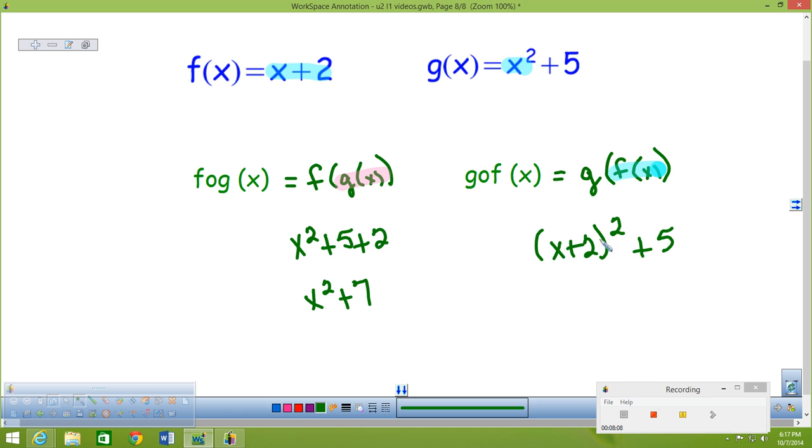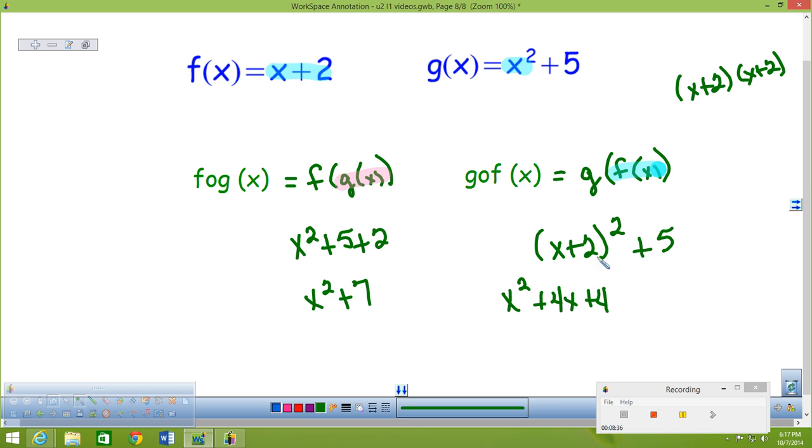X plus 2 squared, remember that means x plus 2 times x plus 2. The shortcut method, I square x. That's x squared. I square the last term. 2 times 2 is 4. The middle term is 2 times x plus 2 times x.